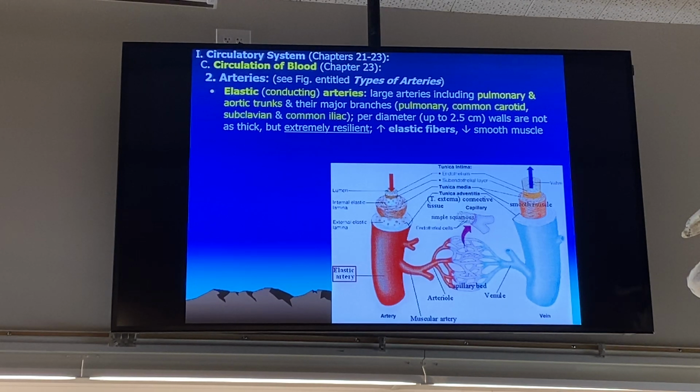And so when the left ventricle contracts, it expands. And then during diastole, when it's not contracting, it contracts and gets smaller. It's a controlled expansion and contraction of the diameter. What do you call it if it's uncontrolled? It's an aneurysm.